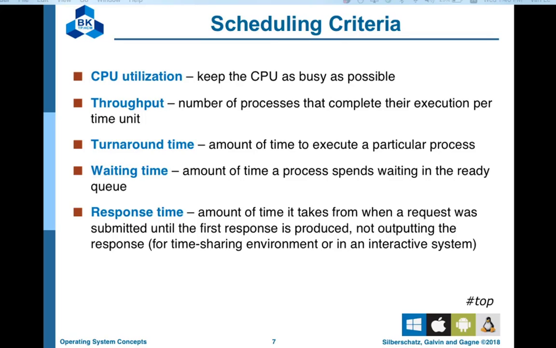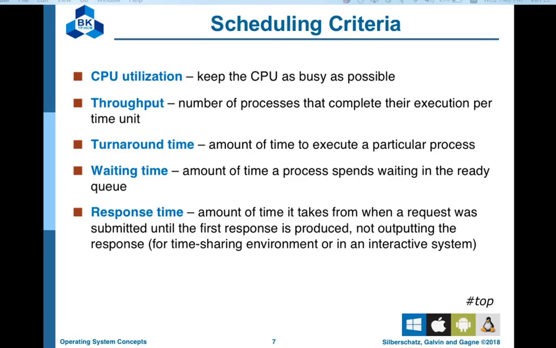When you want to make clear the difference between the waiting time and response time, you will do some exercises to understand it. So here we have five basic scheduling criteria: CPU utilization, throughput, turnaround time, waiting time, response time.